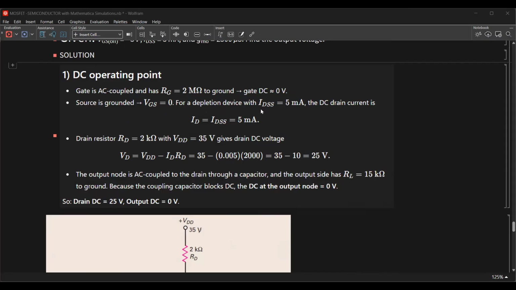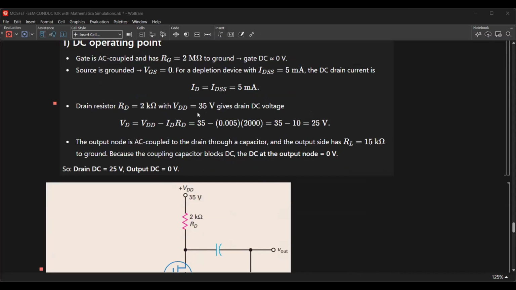For a depletion device, the drain current to the source that is saturated is equal to 5 milliampere. The DC drain current is 5 milliampere, ID equal to IDSS, 5 milliampere. So the drain resistor here is 2 kilo ohms with VDD 35 volts.